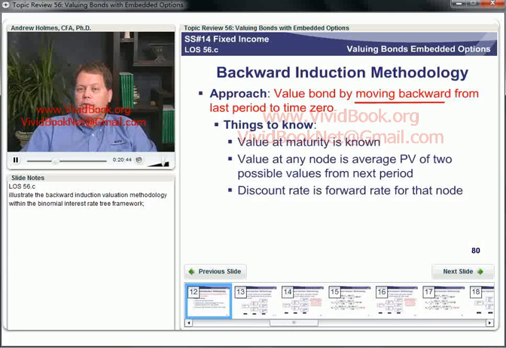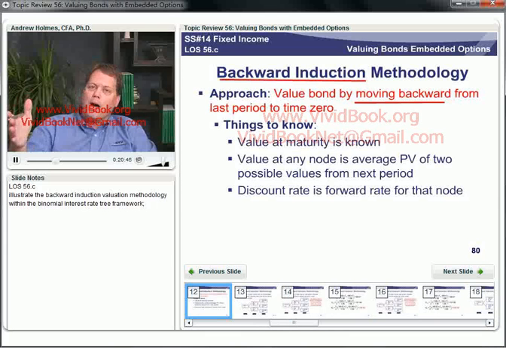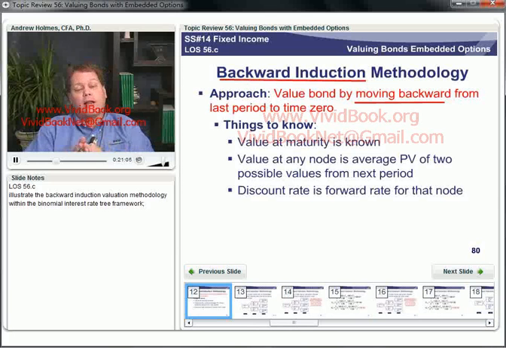How can we do that? Well, remember, we know what the bond's going to be worth in the future. We know that it's going to be worth its maturity value plus its final coupon payment. So if we know that, all we've got to do is discount back through to today using the principles embedded in the interest rate tree that we created via the binomial interest rate model. That is that it's got a 50% probability of up and a 50% probability of down. So remember, the value at maturity is known.